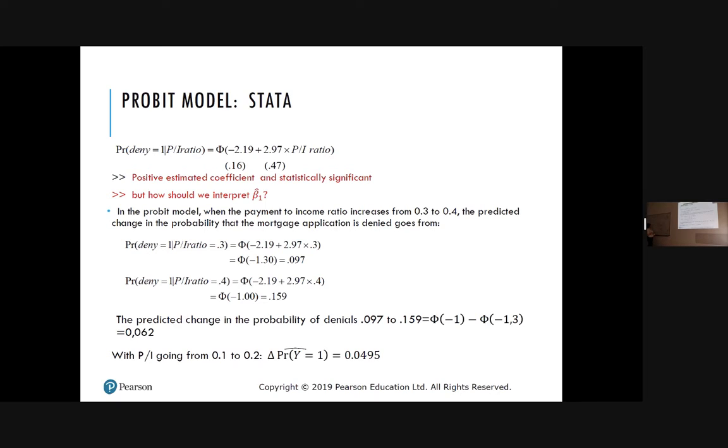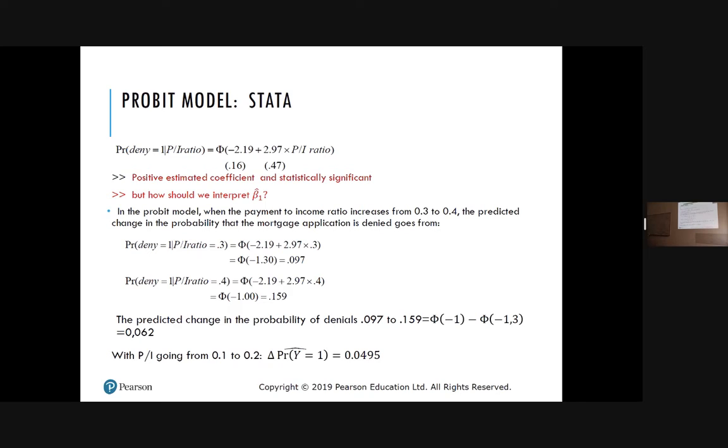The red area is the cumulative distribution function of the standard normal distribution evaluated at z equal to minus 1, minus the blue area, which is the cumulative distribution function evaluated at minus 1.3.